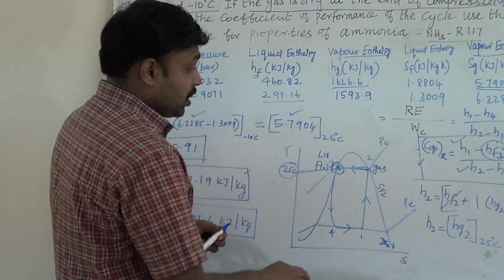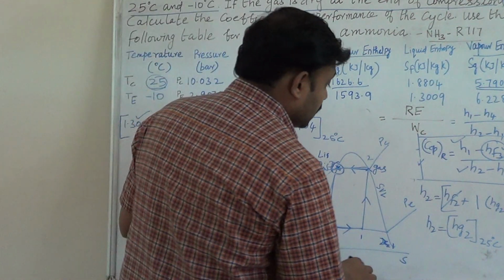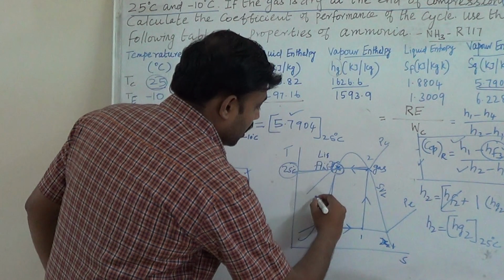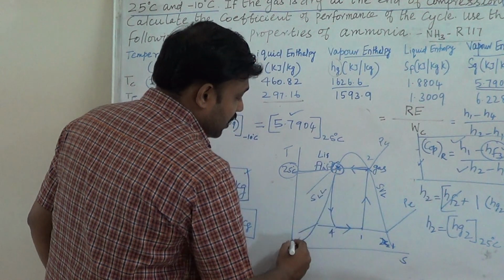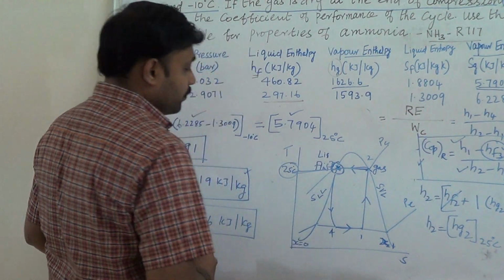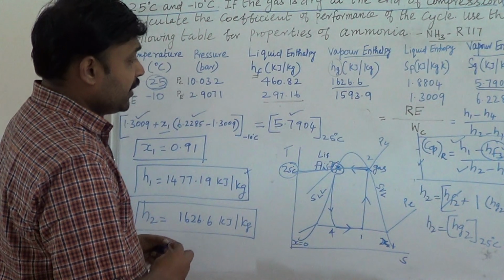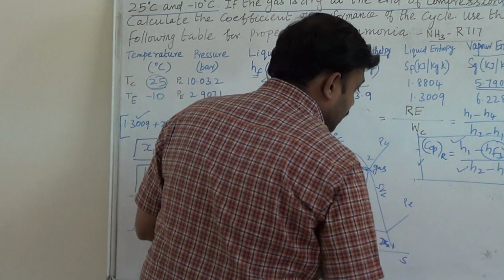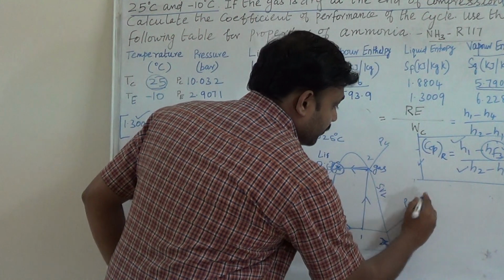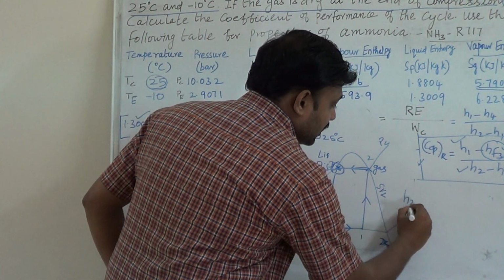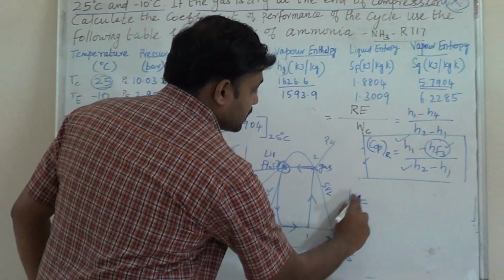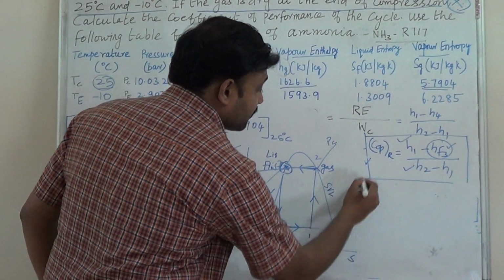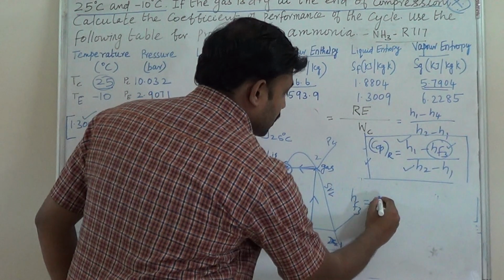Let me also write down that equation, because along the saturation liquid line the value of X is going to be 0. Now if I write that equation for H3, it is going to be HF3 here.